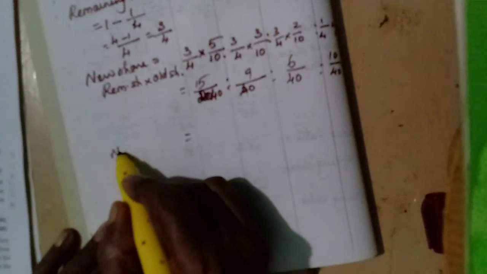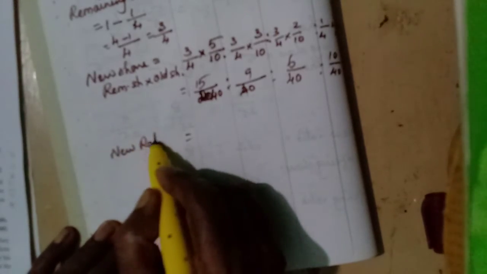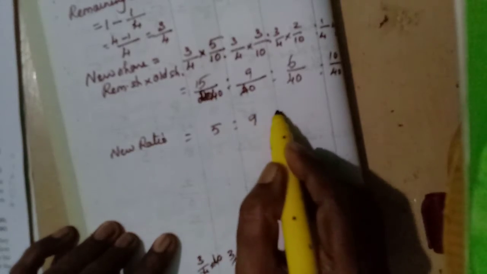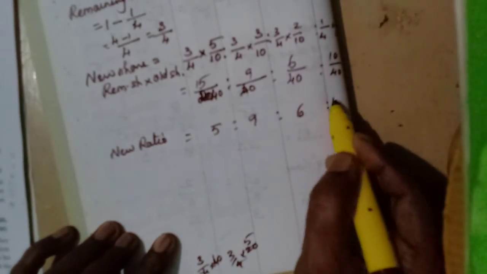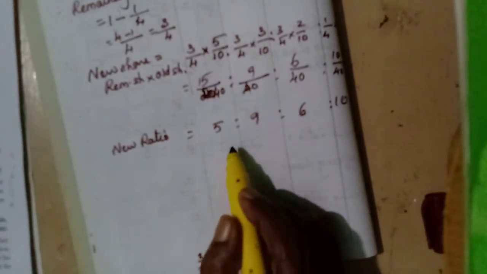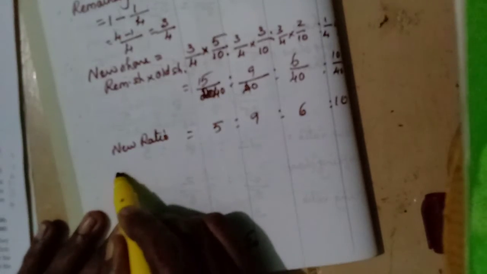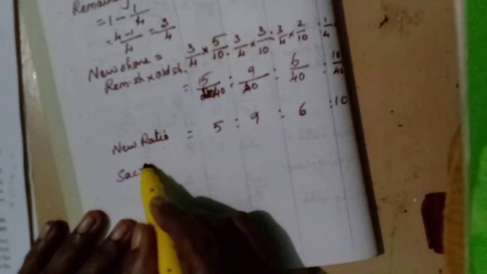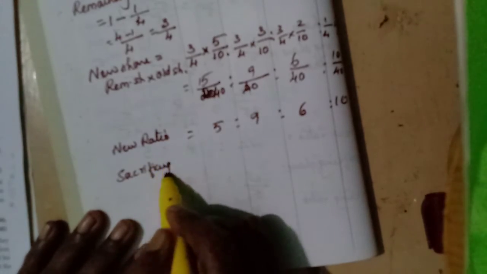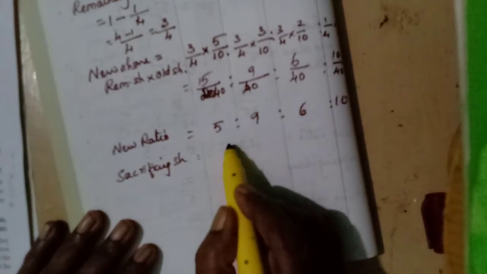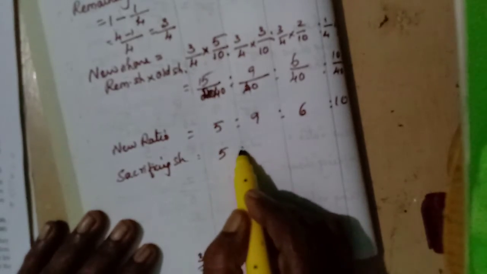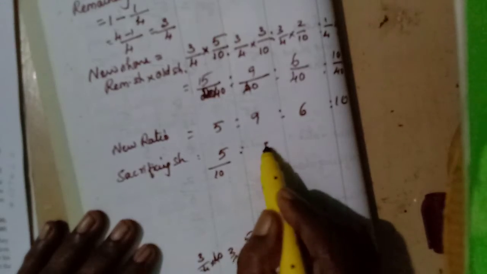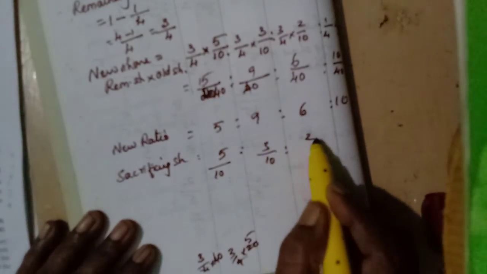Now, new ratio: 15 is to 9 is to 6 is to 2. We cannot simplify this, isn't it? Now, sacrificing share: the same 5 by 10, 3 by 10, 2 by 10.